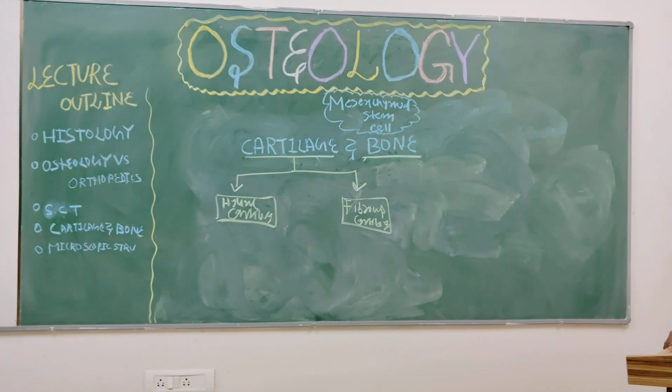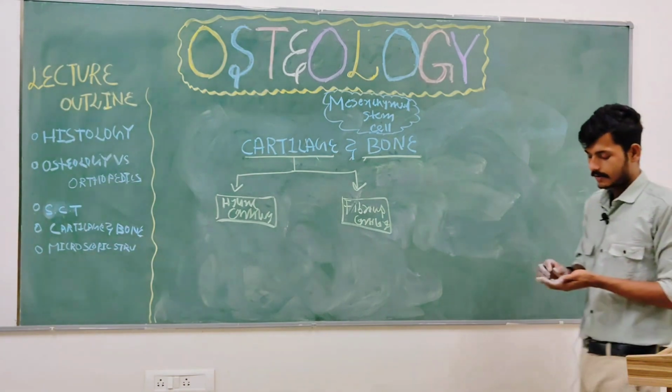Among these, the white fibrous cartilage is the strongest type. Understanding? Okay.